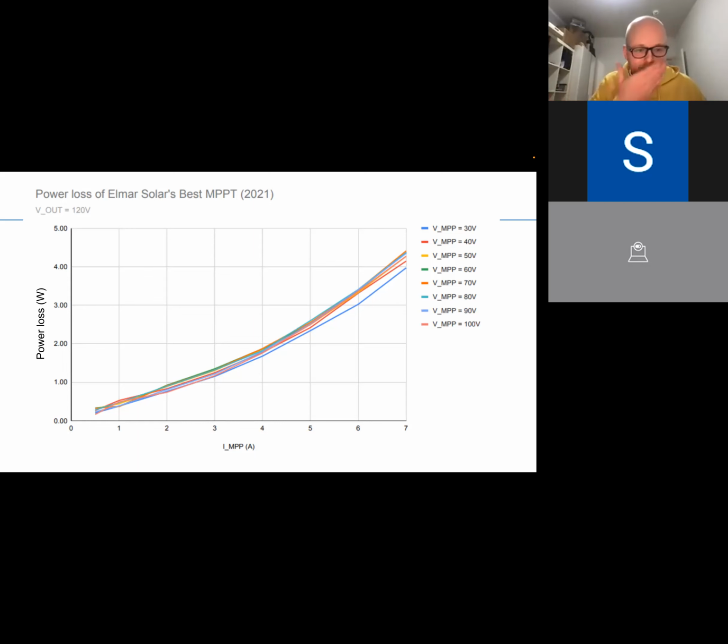But if you connect more solar cells to the input, your total power gets higher, and because the efficiency is one minus power loss divided by total power, that number increases as the total power increases.